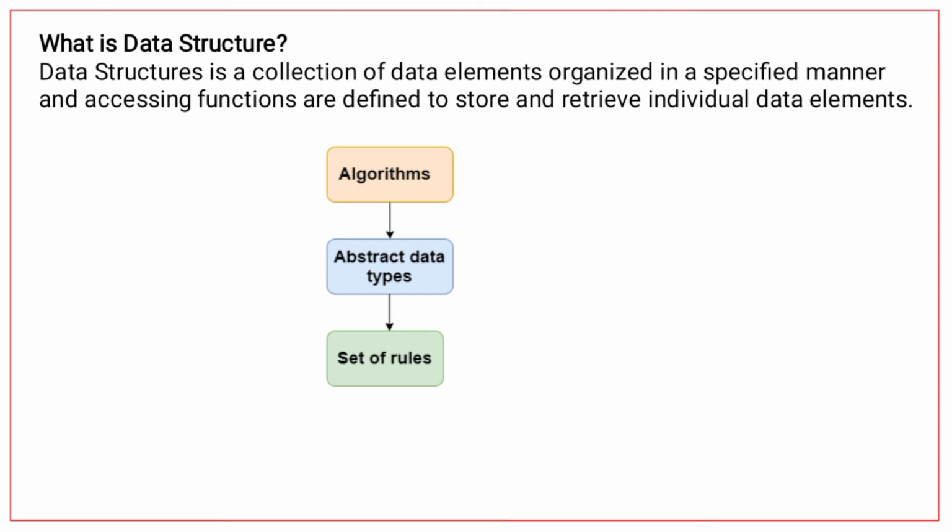These abstract data types are the set of rules. This figure shows the algorithms, abstract data types and a set of rules. So simply we define a data structure as a collection of data elements organized in a specified manner, and accessing functions are defined to store and retrieve individual data elements.